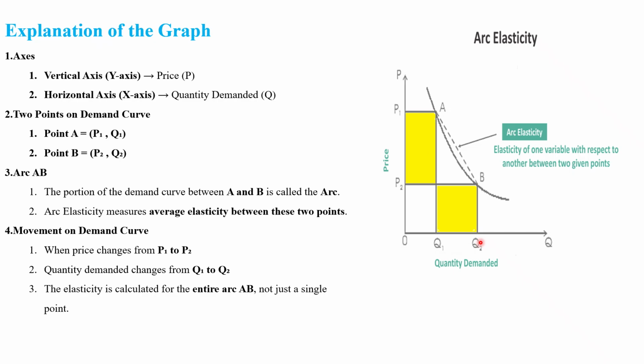So the elasticity is calculated for the entire arc AB, not just a single point. It is very important when the price change is large, and it gives a more accurate result than point elasticity for large changes. It also helps businesses understand the average demand response. So the portion of the demand curve between points A and B is called the arc, and elasticity is measured along arc AB.